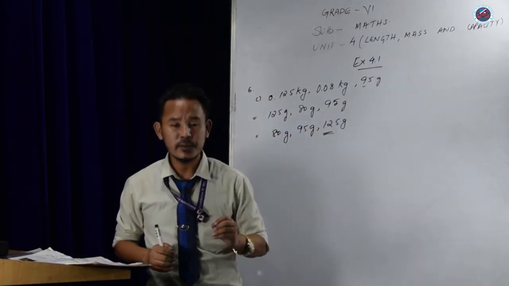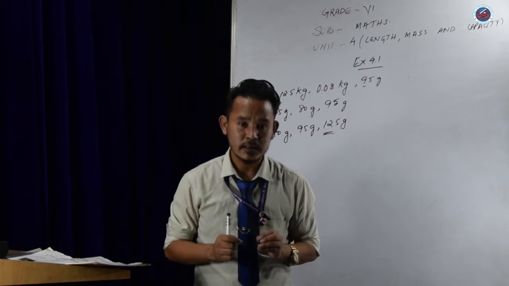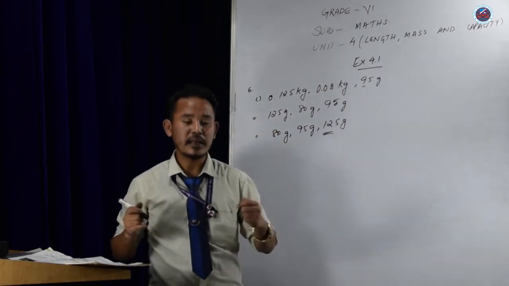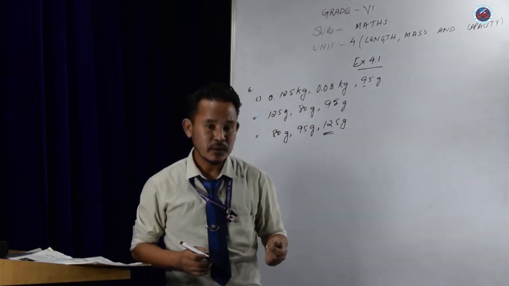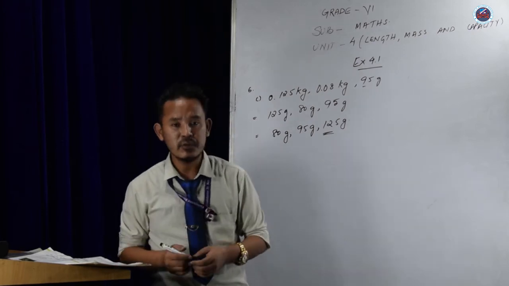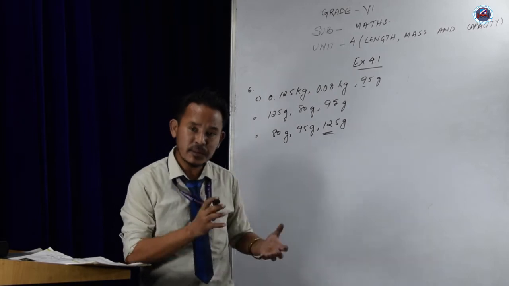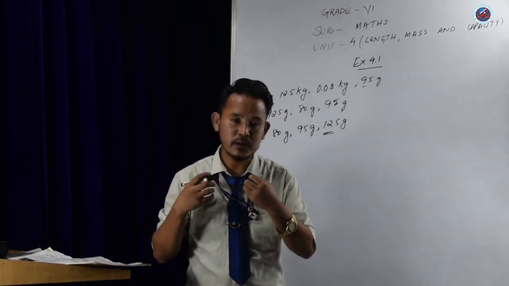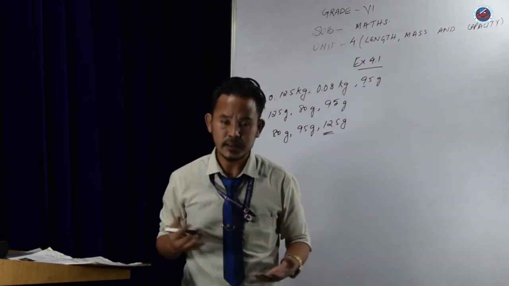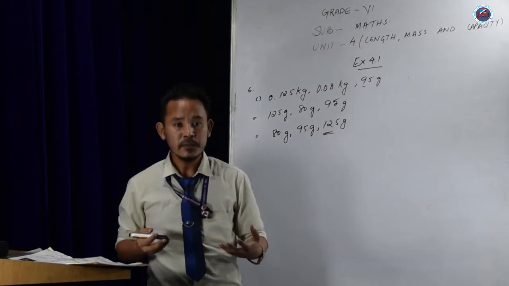We use the unit ton. For example, an elephant is 8,000 kilograms. We can simplify it and use it as 8 tons, or 4,000 kilograms, which we can simplify as 4 tons. So it becomes clear to understand.